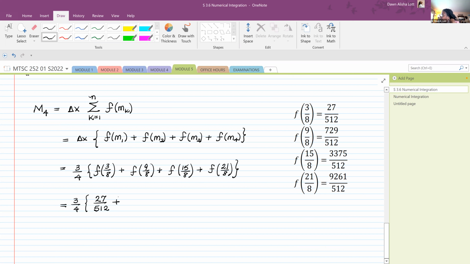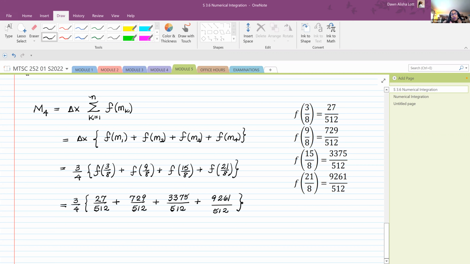Then we have 9/8 cubed. So that's 729 over 512. Plus 15/8 cubed. Well, that's 3,375 over 512. And then 21 over 8 cubed is 9,261 over 512.